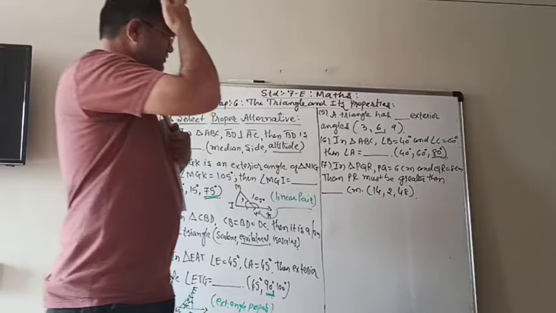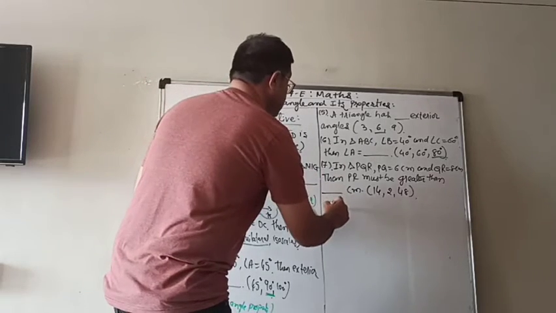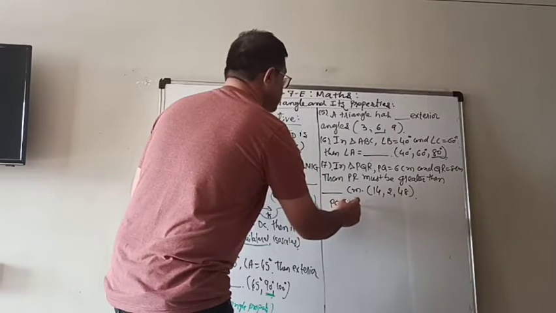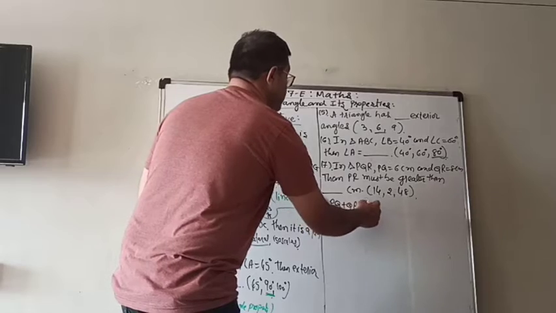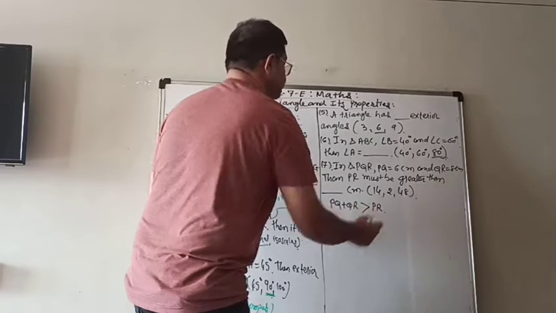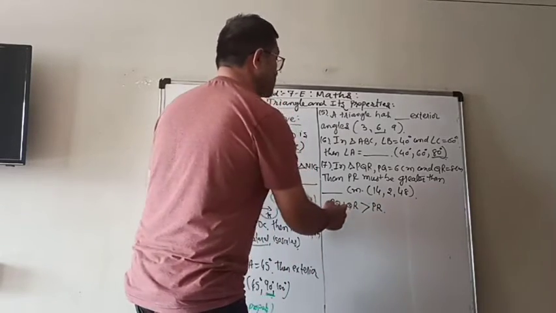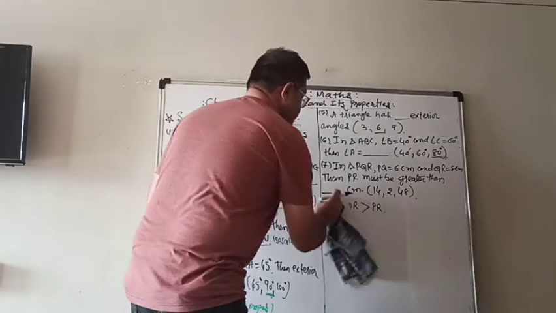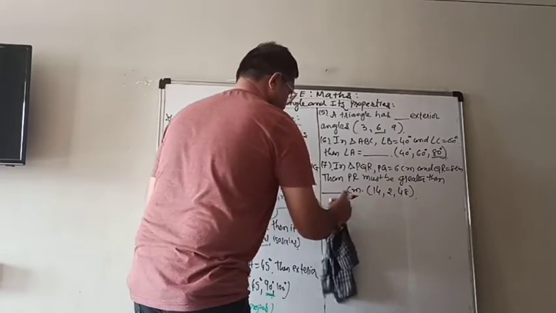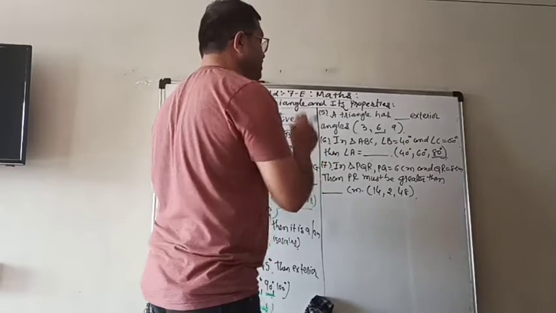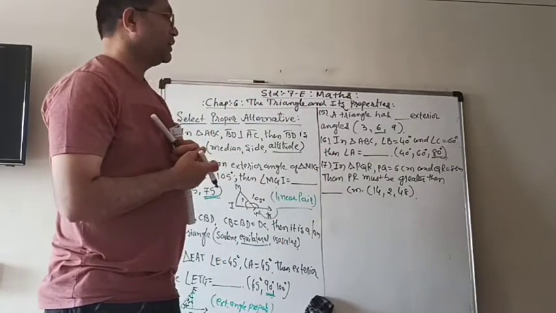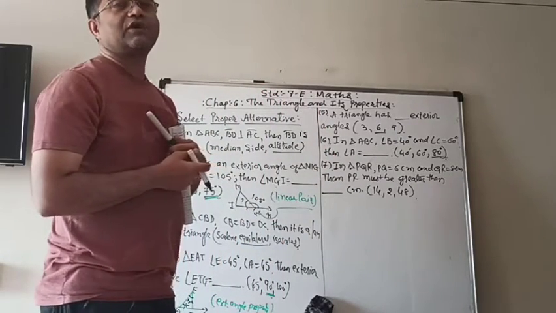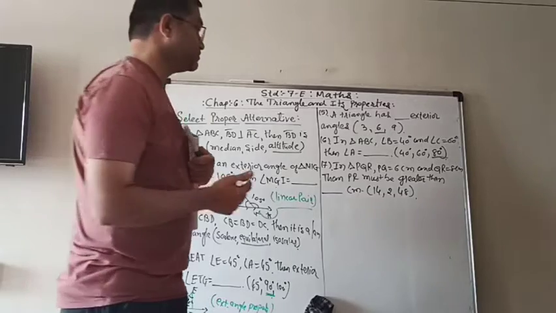So now we know that PQ plus QR must be greater than PR. But here we have to see the third side, so we have to take the subtraction.